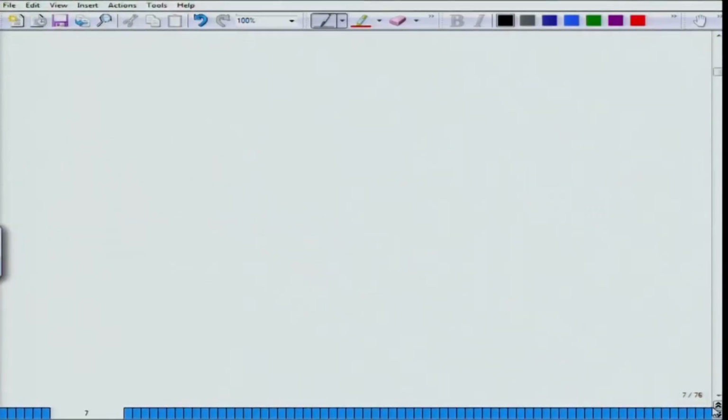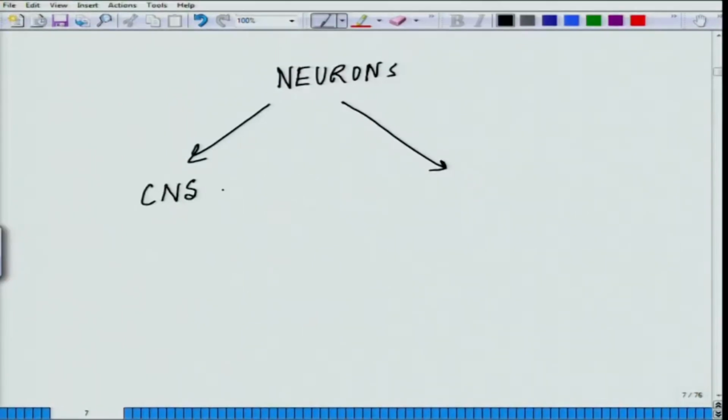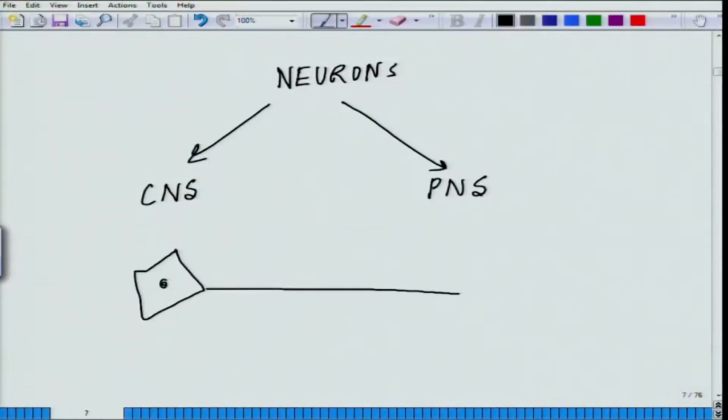Neurons could be present in the CNS or in the PNS. They could be a CNS neuron or a PNS neuron, and based on that, their variations of size and everything change. The basic structure of the neuron that I drew could have a whole range of variations.